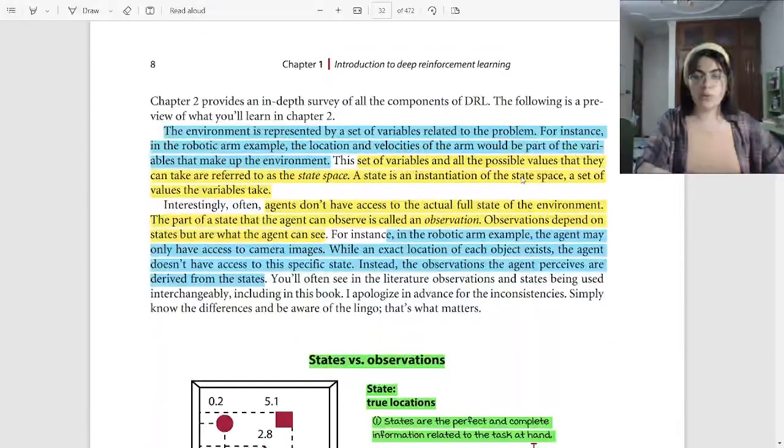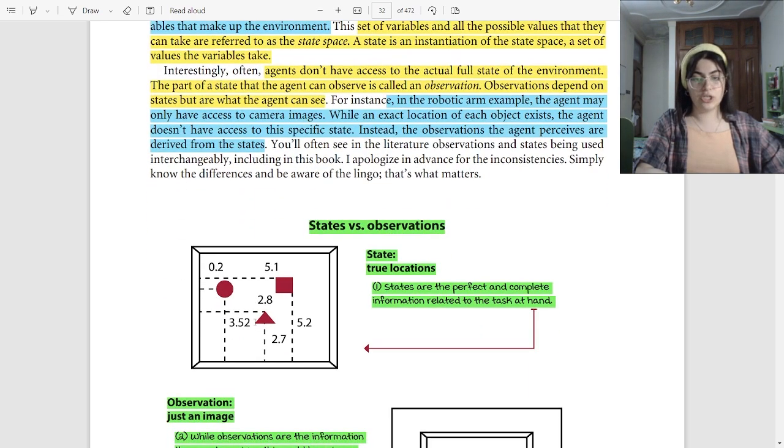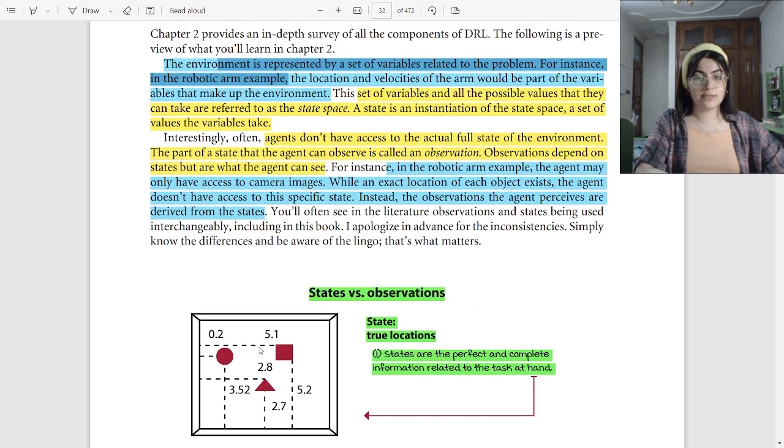Okay, so on the next part we have states versus observations. The environment is represented by a set of variables related to the problem. For instance, in the robotic arm example, the location of these objects, the velocities of the arms, and the location of the arm would be part of the variables that make up the environment.